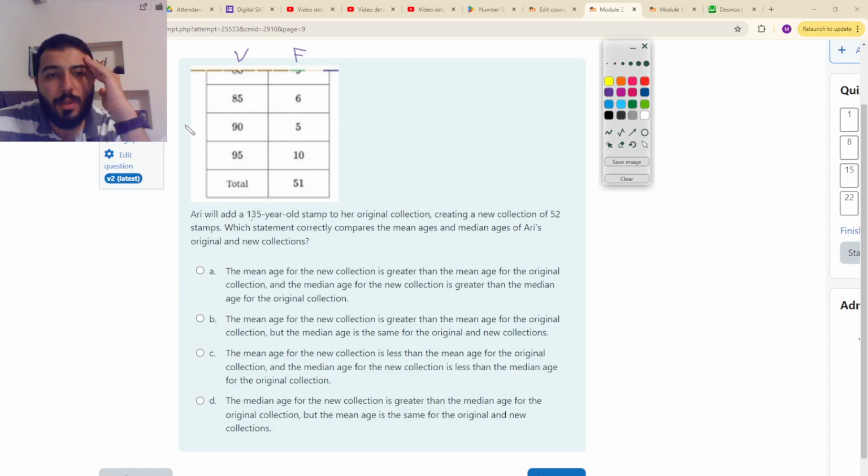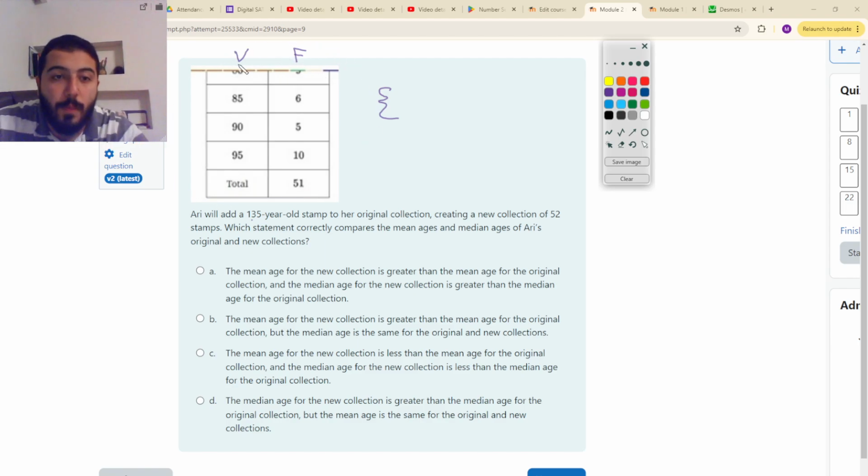So I'll give you the main idea. Now we have the number of stamps, and we have each value. Like we have 10 stamps, each one of them is 95 years old. So if you add 135, which is bigger than all of these, this is a frequency table.